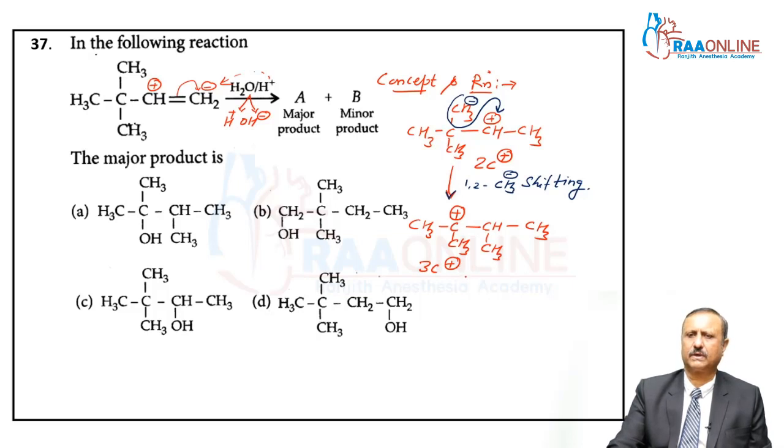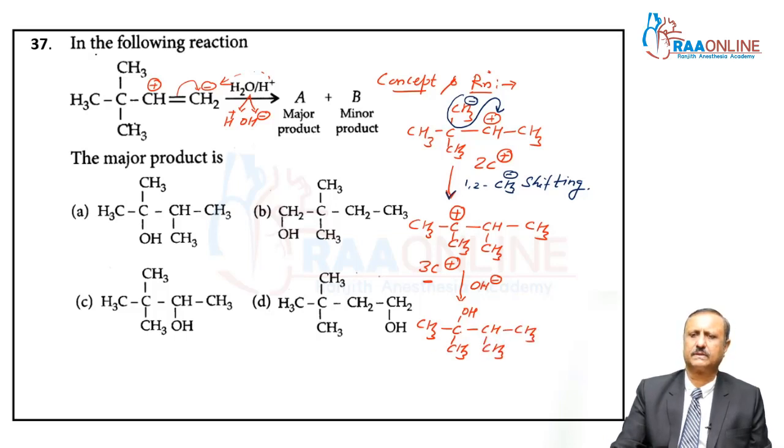When this tertiary carbocation is formed, the OH minus ions are attached to this tertiary carbocation, because a tertiary carbocation is more stable than a secondary carbocation. So my dear students, the product formed is CH3, COH, CH, CH3 and CH3.